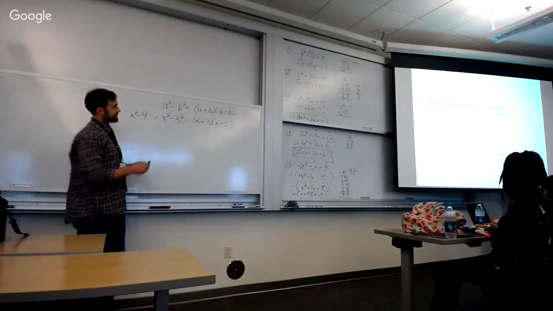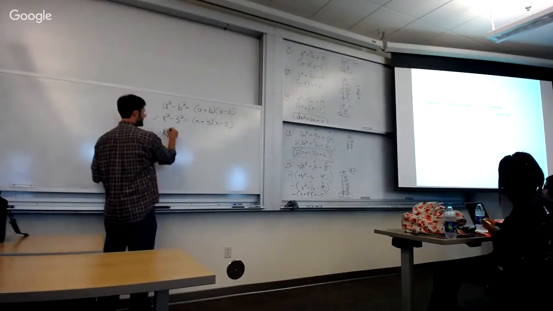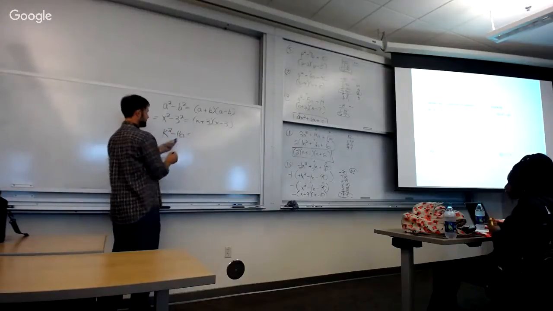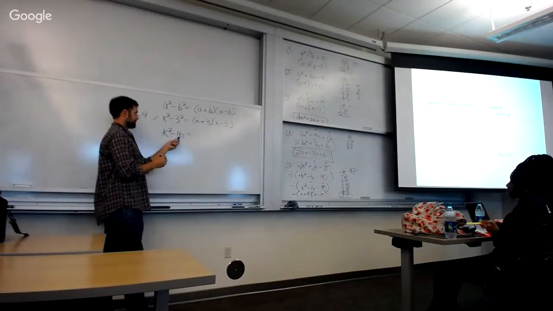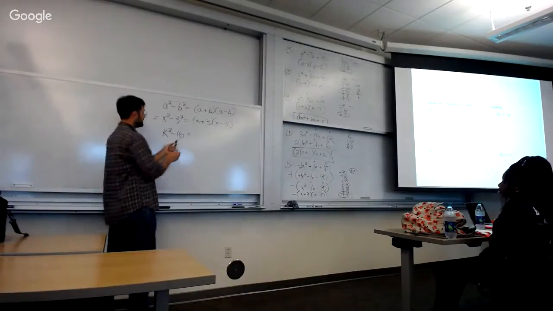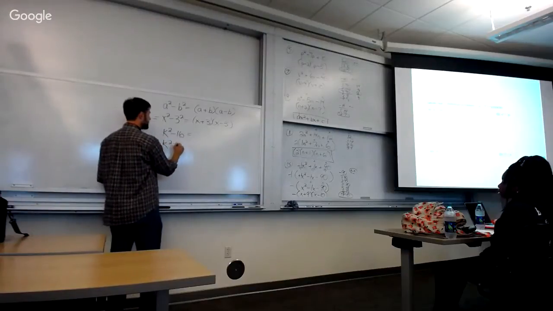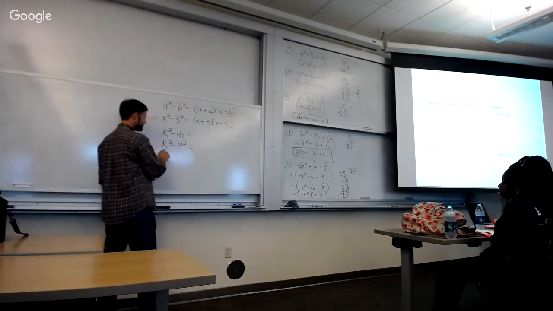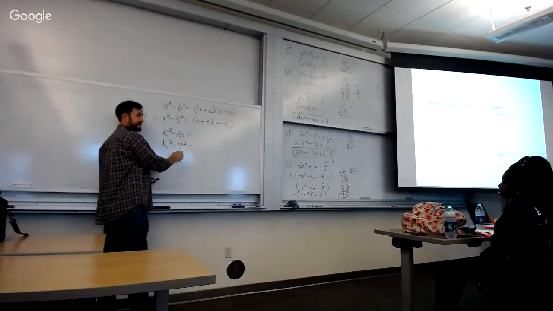So for instance, in the case of k squared minus 16, what should I do first? What is 16? Is it 4 squared? Yeah, that's 4 squared. So I'd want to rewrite that as k squared minus 4 squared, because now it's very obvious to me that I'm going to use the numbers k and 4.